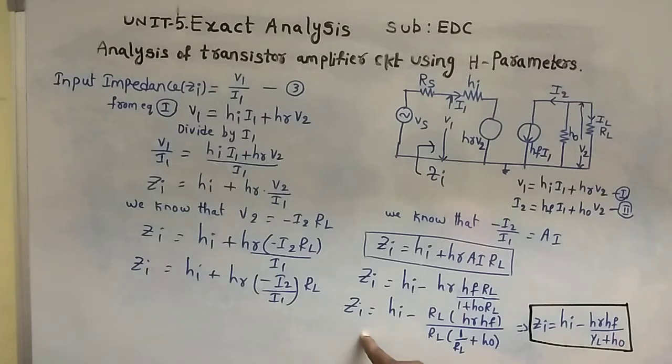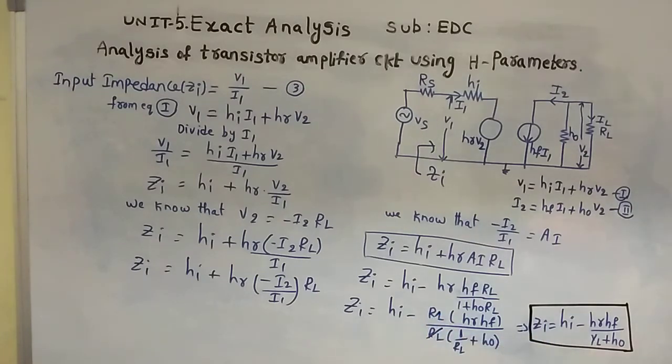Then Zi, the input impedance, is equal to Hi minus, and in the second term I am taking RL common. Then HR HF by, if you take RL common, 1 by RL plus HO. Then RL gets cancelled.